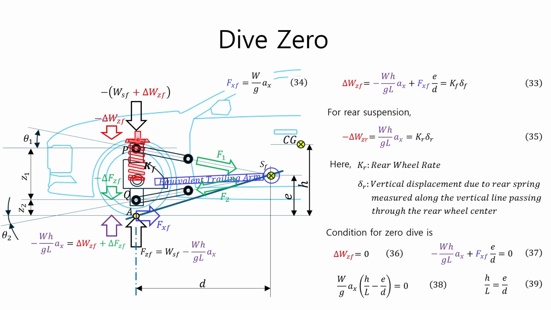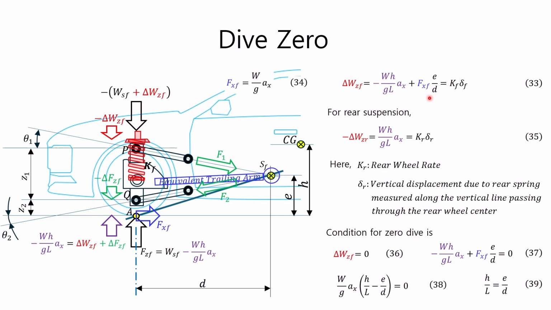First, let's examine the conditions under which the dive becomes zero in a front wheel braking vehicle. From equation 33, we can obtain the geometric conditions of the suspension where the dive becomes zero. For the dive to be zero, the force acting on the front spring must be zero, so equation 36 must be satisfied. Therefore, equation 37 can be obtained from equation 33.